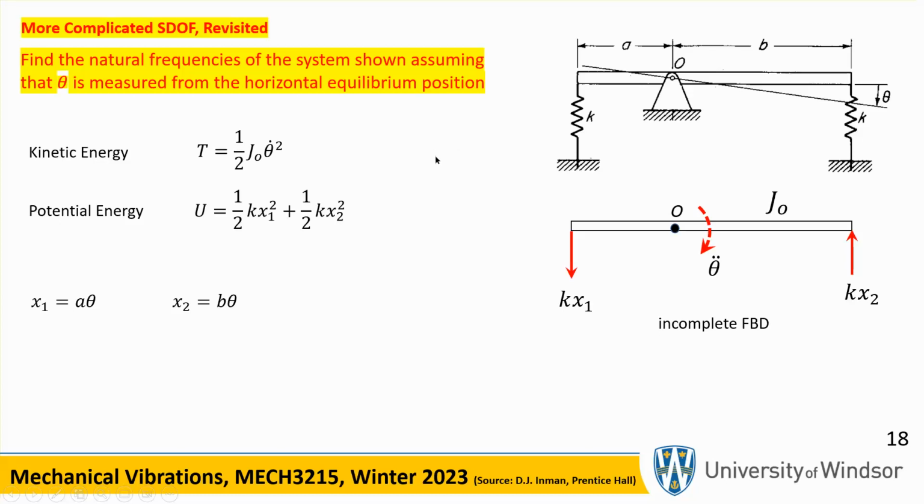And if we did take mg into account, it will cancel out because of the static deflections and things like that. Just like the very first problem that I did in this section, I took the spring, suspended it from the ceiling, and I said, well, let's attach a mass to it. It's going to deflect by some amount. That's going to be static deflection, and then from that point on.